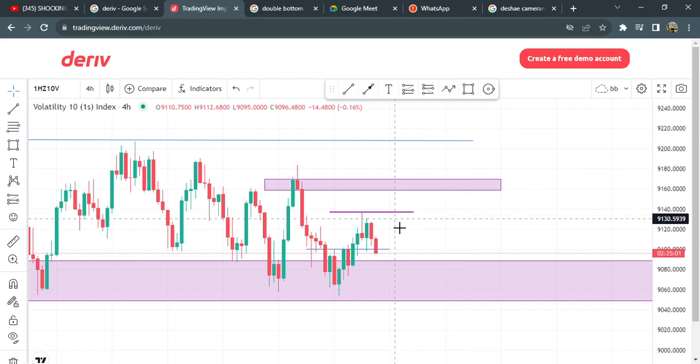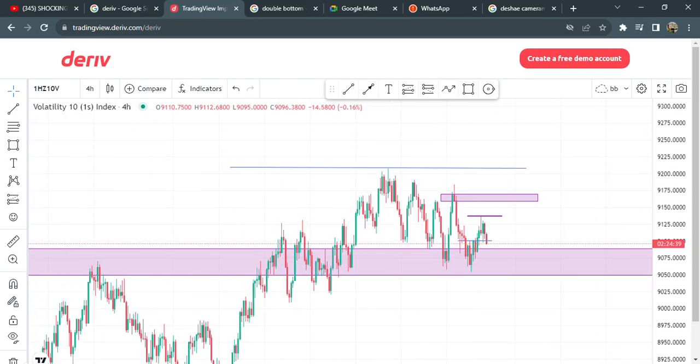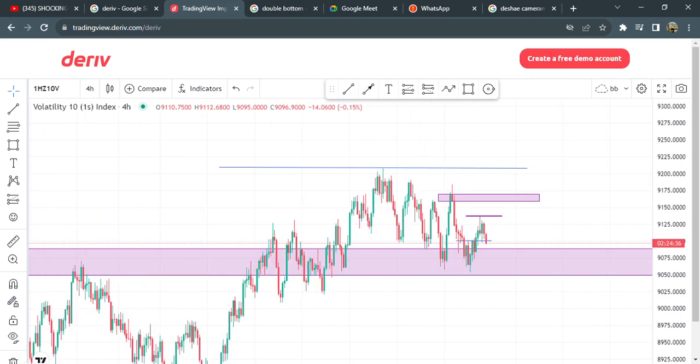As you can see now, the market is collecting some liquidity here, because already I knew some guys were buying in these areas, and where they have put some stop losses, so the market will be trying to go down, maybe collect liquidity down there, and then continue going up.